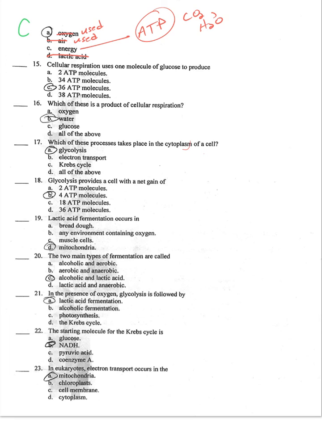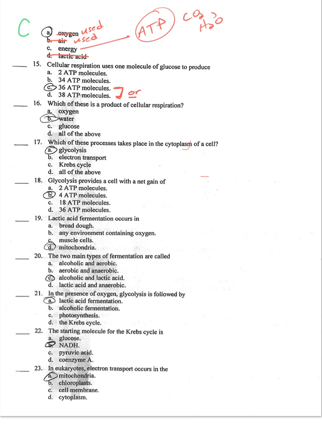Now, here's a question that's an interesting one. I happen not to like this question because these two choices, 36 and 38, are a little bit unfair to give you. The truth is that both are possible. You can get 36 or 38. It all depends on how efficient the particular run of respiration is, or the conditions under which respiration is occurring.